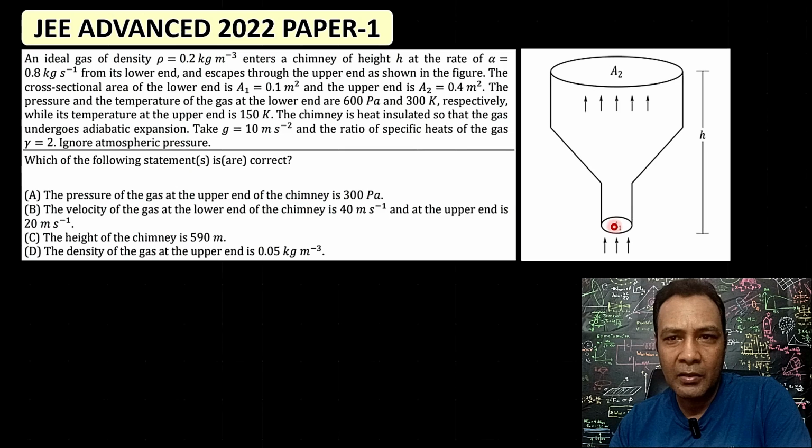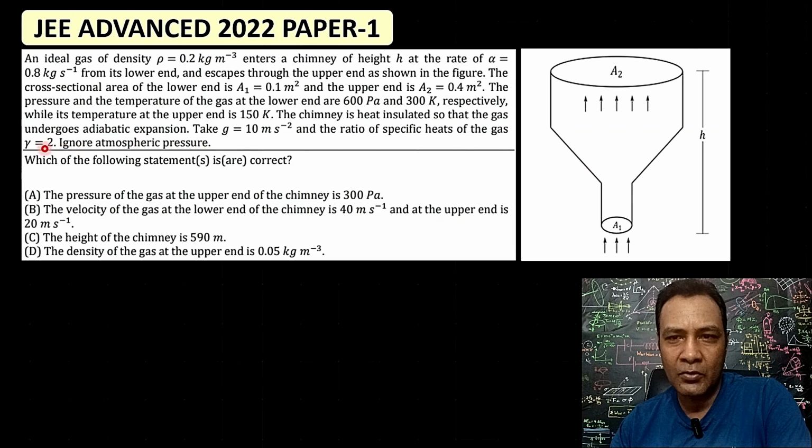And at this lower end, the pressure is given 600 pascal and temperature is given to be 300 Kelvin. At the upper end, temperature is given to be 150 Kelvin. The chimney is heat insulated. What does that mean? That the gas undergoes adiabatic expansion. g we have to take 10 meter per second square.